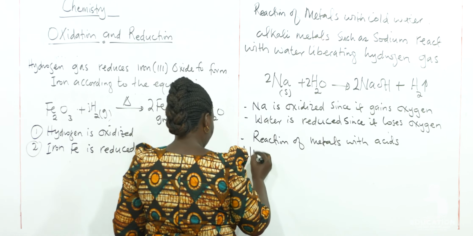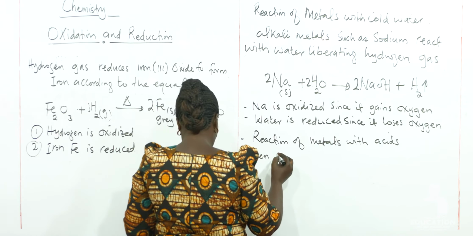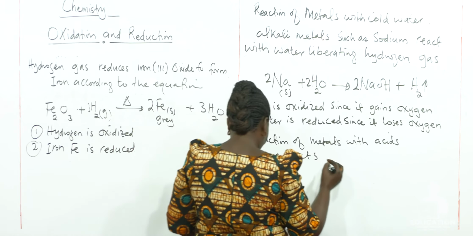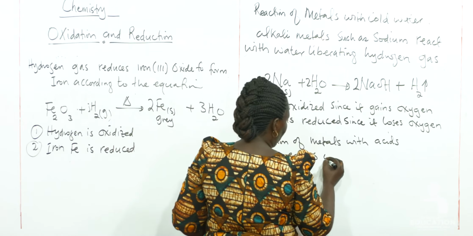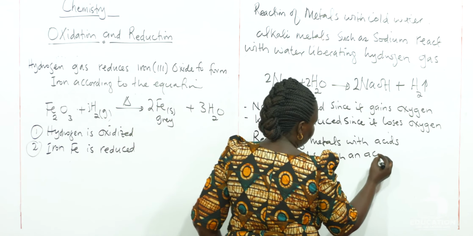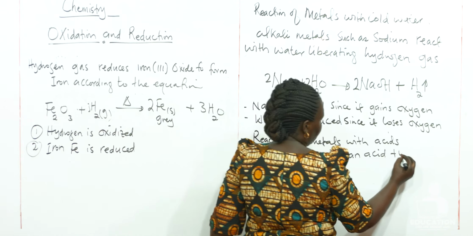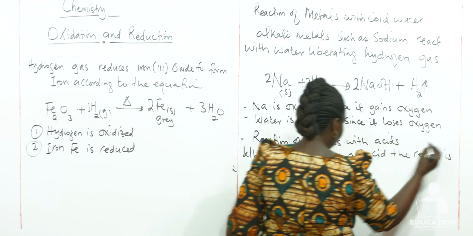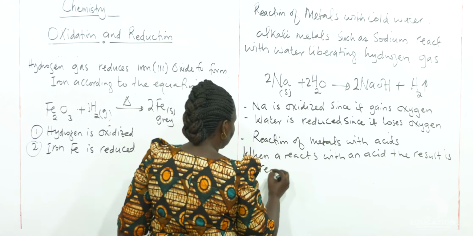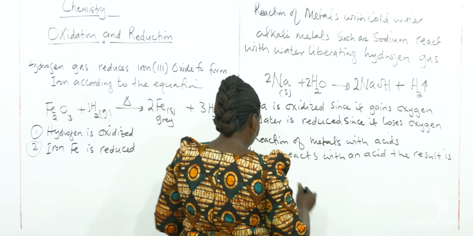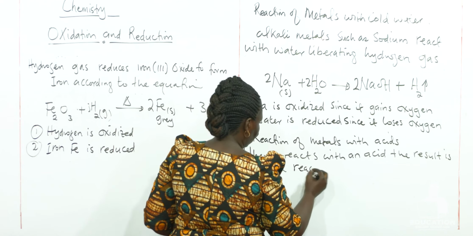When a metal reacts with an acid, the result is a redox reaction.